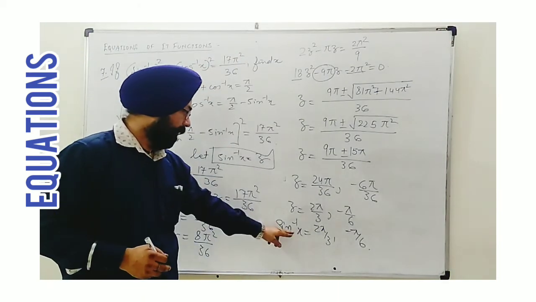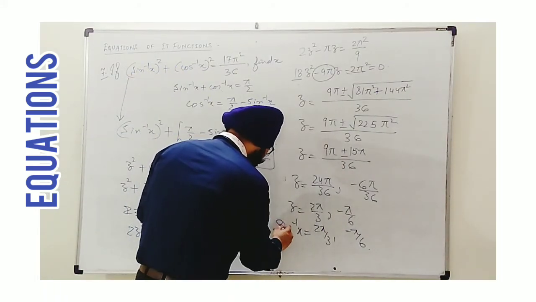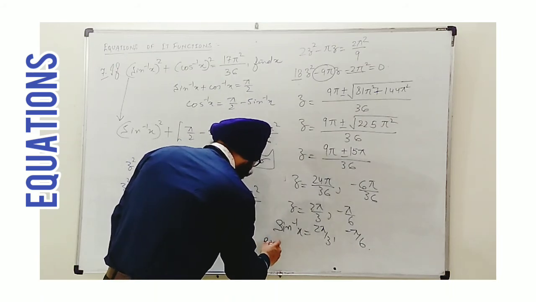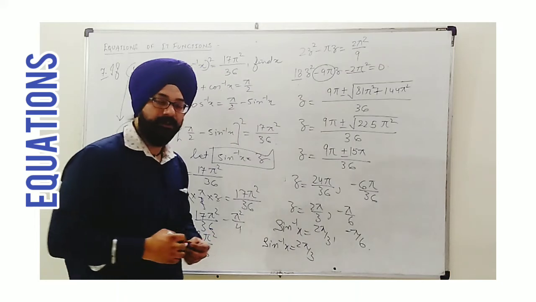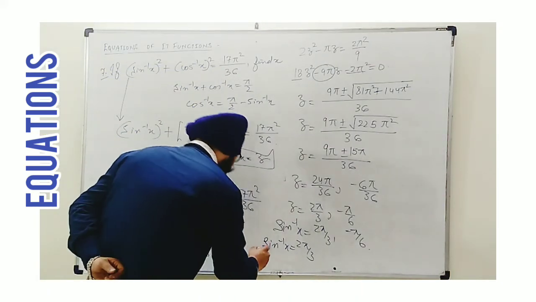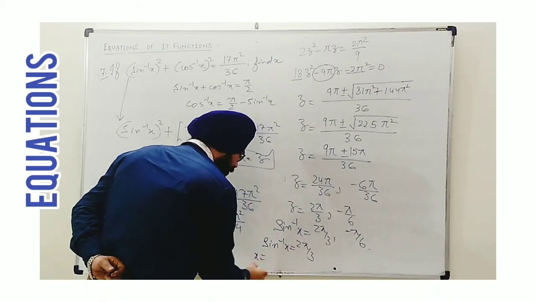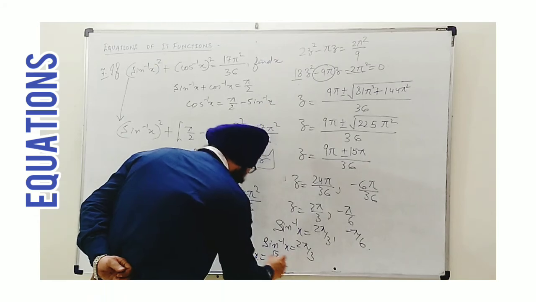So if I take sine inverse x as 2 pi by 3, this is 120 degree, and x will be sine 120 degree, which is root 3 by 2.